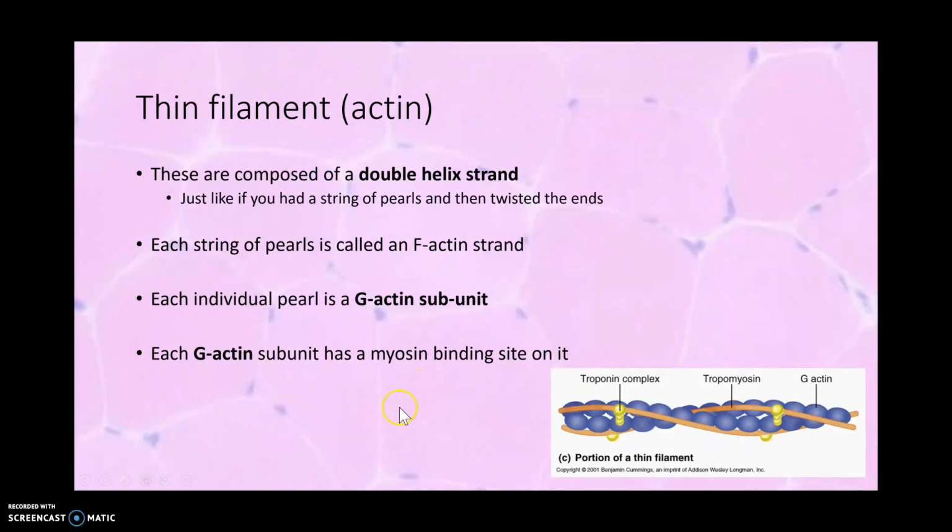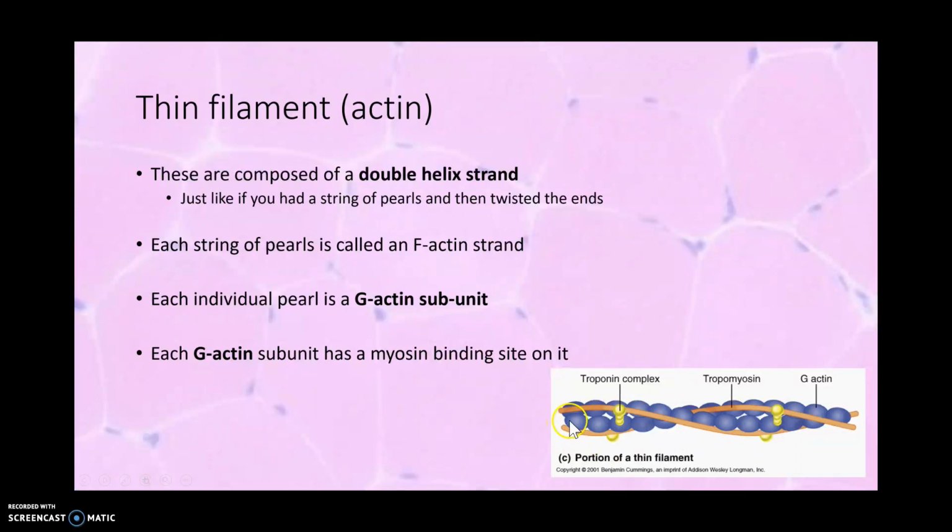Let's talk about our thin filament for a second, which is our actin. These are composed of a double helix strand. You can see down here, double helix, and they twist within each other. Just as if you had a string of pearls and then you twisted the ends, that's what you would get. Each string of pearls, so each string of actin, is called an F-actin strand.